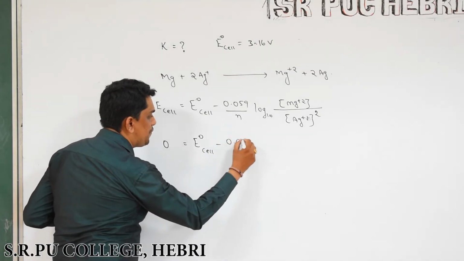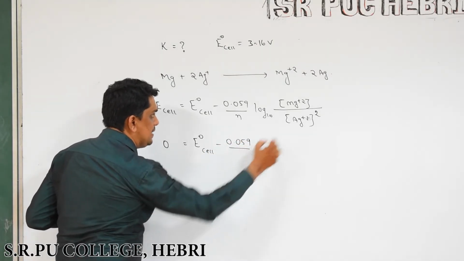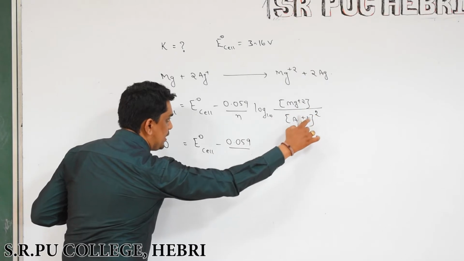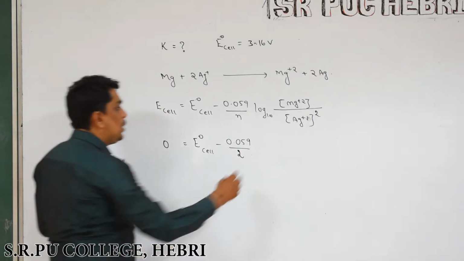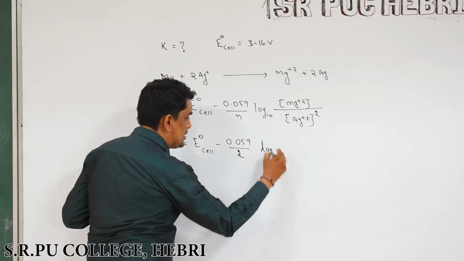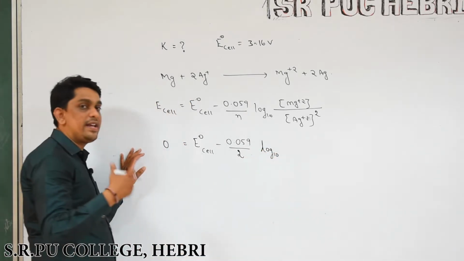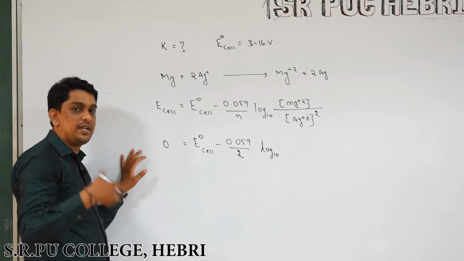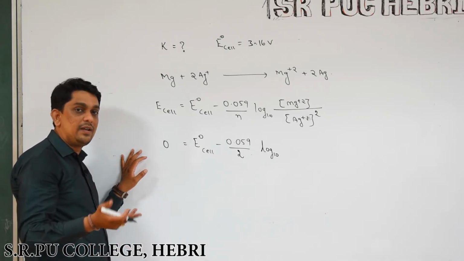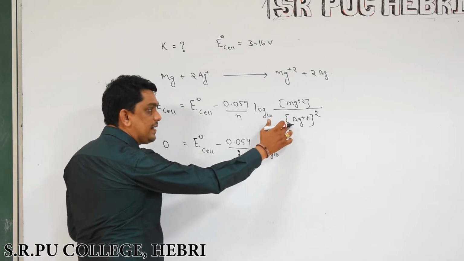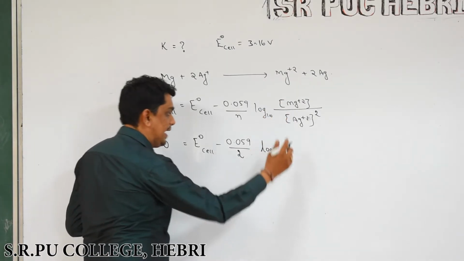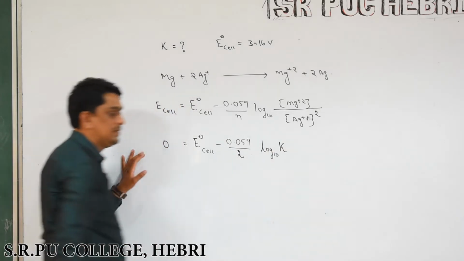Minus 0.059 divided by n, numerator plus 2, denominator plus 2, so the value of n must be 2. Log to the base 10, everybody knows that at equilibrium, no reaction is happening, ion concentration is not changing, so that these ions concentration ratio remains constant, is K.